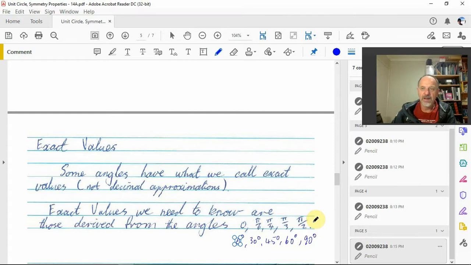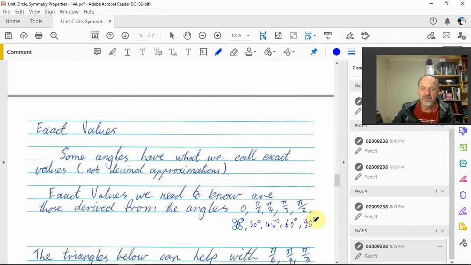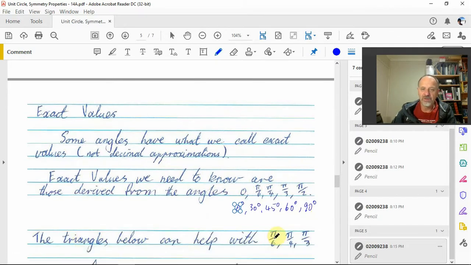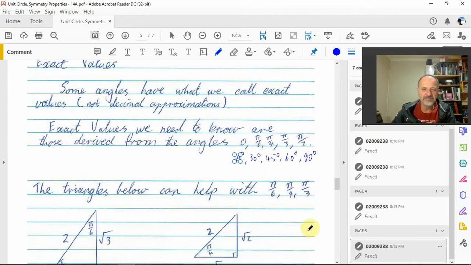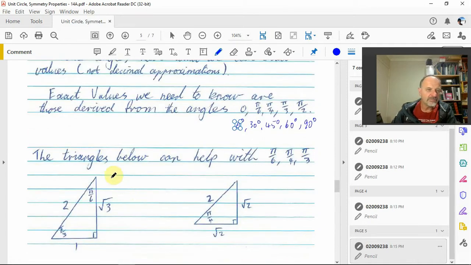Now, how do we remember them? A couple of triangles help with pi/6, pi/4, and pi/3. This triangle on the left helps you with the pi/6 and the pi/3. Say I wanted to know the cos of pi/3: I go to my pi/3, and I know cos is adjacent over hypotenuse, so that's 1 over 2.